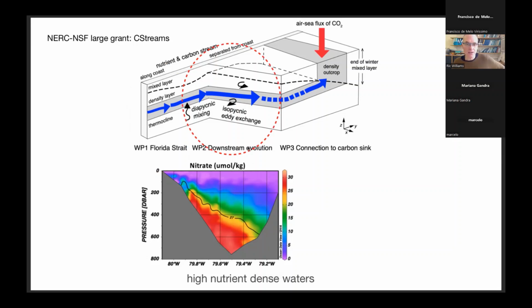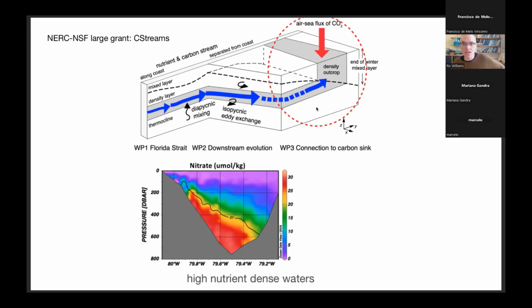Then a set of field work involving gliders and profiling floats to evaluate the imprint of the diapycnic mixing acting across density surfaces, much as Bill Jenkins envisaged, and examining the extent that that's offset by the effect of mesoscale eddies in stirring nutrients along density surfaces, and looking at the competition between those two effects.